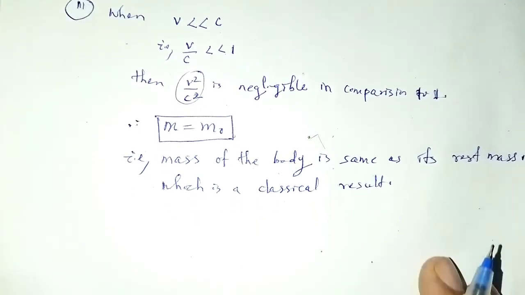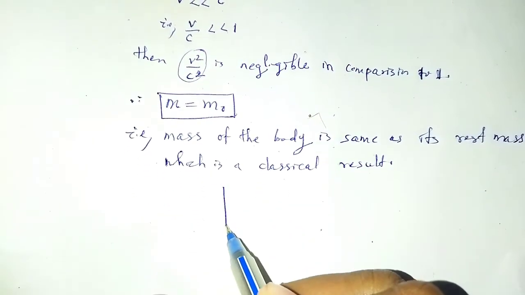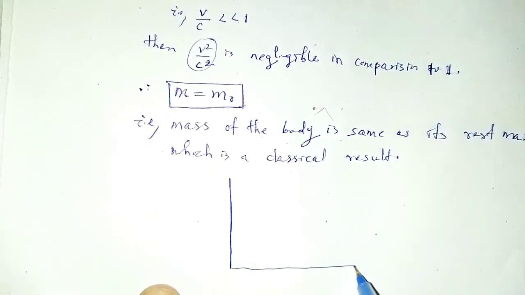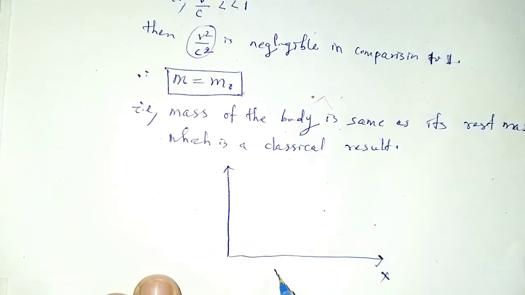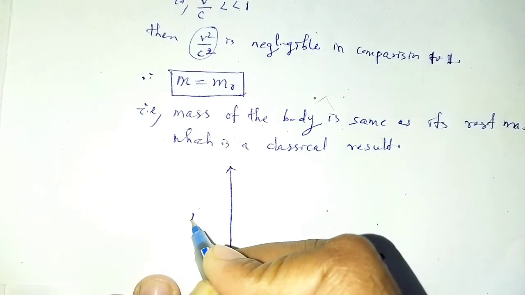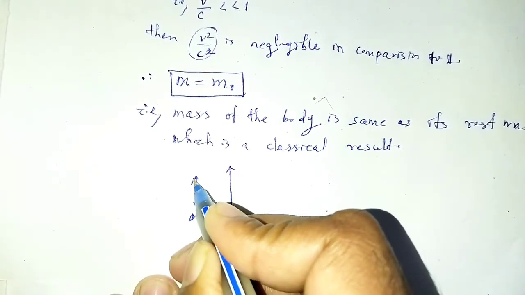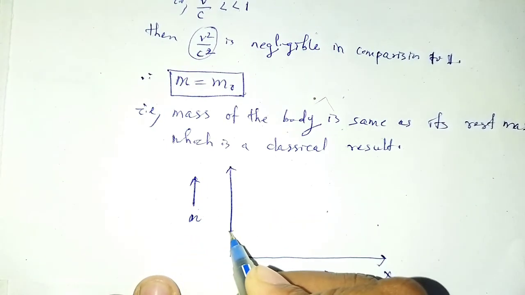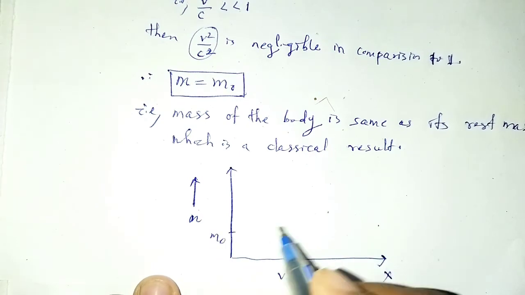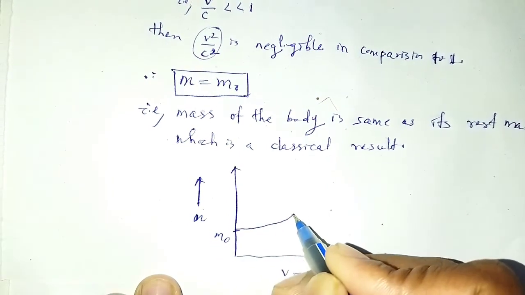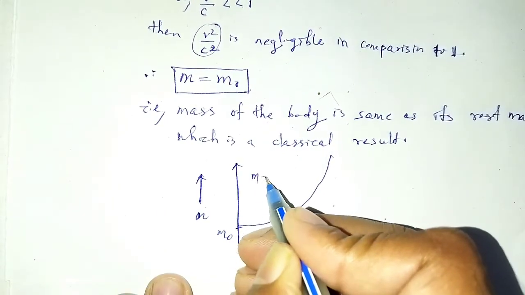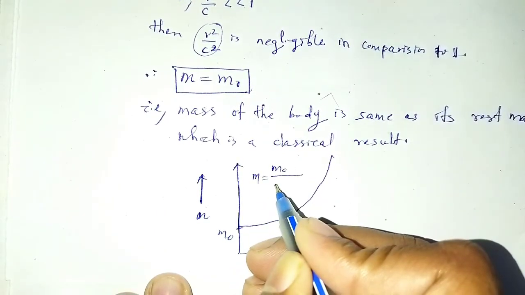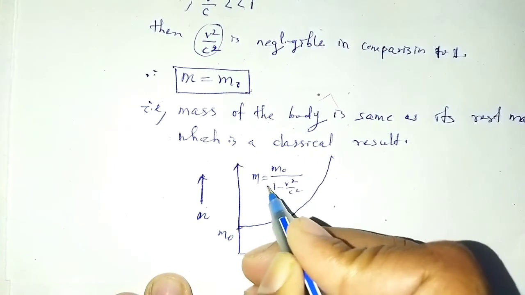Now we can easily plot a graph between the velocity and mass. The velocity, here is the mass line, therefore at m naught the mass gradually increases, finally given by m is equal to m naught divided by square root of 1 minus v square by c square.